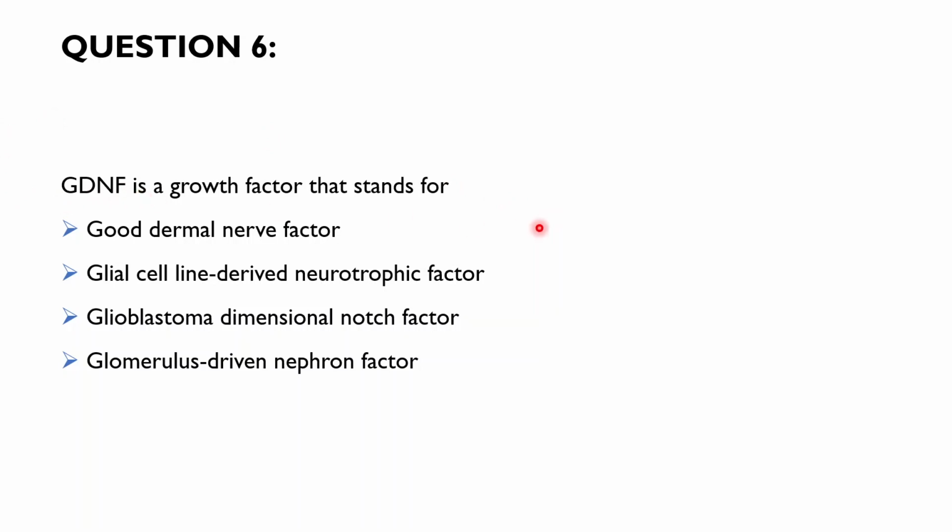You can answer in the chat box and we'll see what the right option is. As we have discussed previously, growth factors are essential for cell culture. We need to supply the medium in which we are culturing our cells outside the body with certain growth factors for their proper growth. GDNF is also one such growth factor that we require.